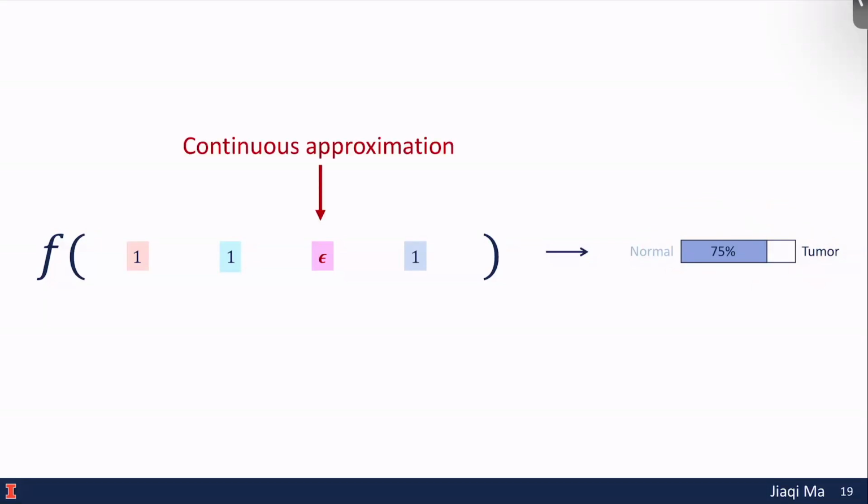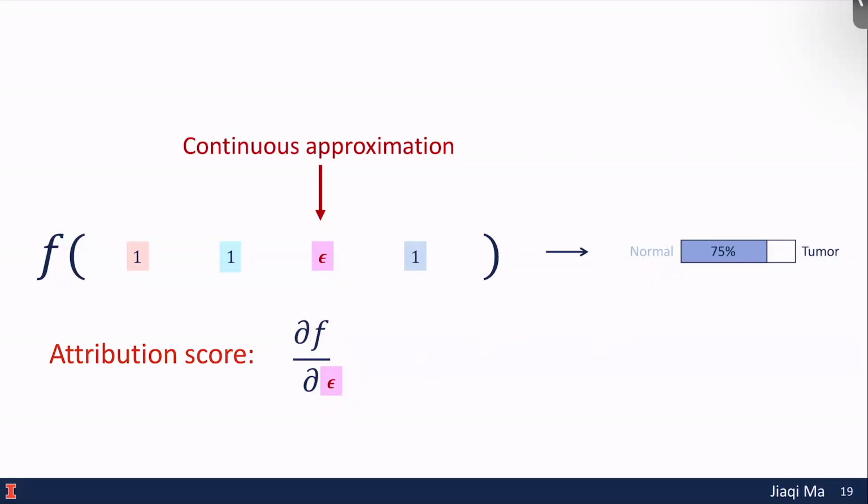The approximation we're going to do is, instead of only allowing a 0 or 1 weight on this function, we allow a continuous weight for each data point. So we have a continuous approximation, and then we can calculate the partial derivative of this function with respect to this data weight.